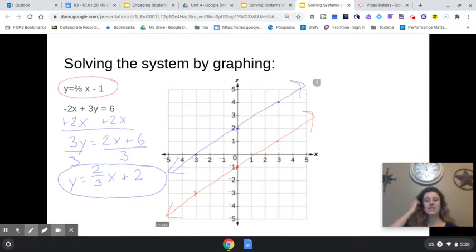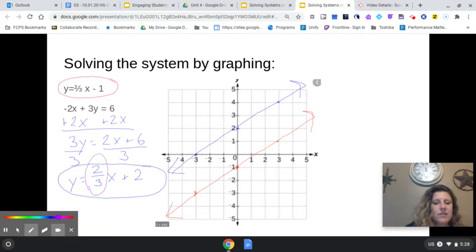Notice, ladies and gentlemen, that these two lines are not intersecting. And even if I were to extend those on forever in both directions, both x direction and y direction, they are never going to intersect. They are parallel to each other. You can tell that two lines are parallel by looking at their slopes. So taking a look at these two slopes, I see the slope is 2/3 on both equations.